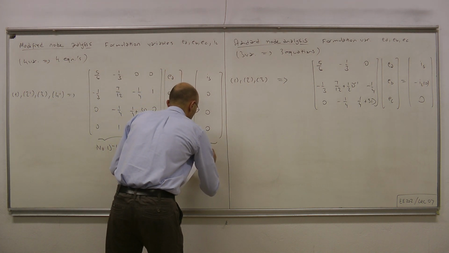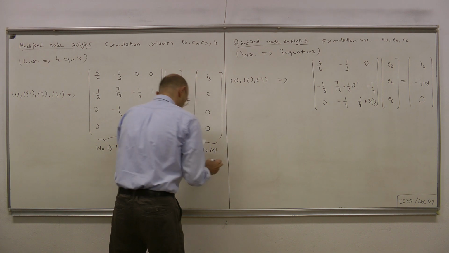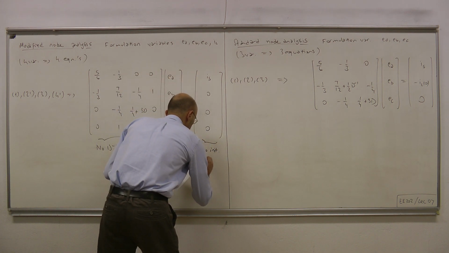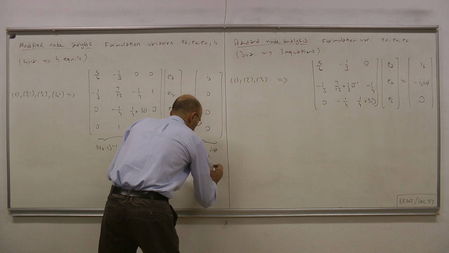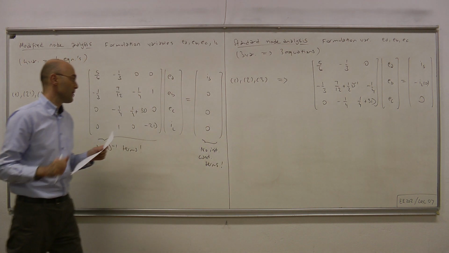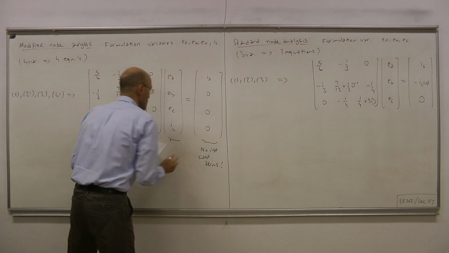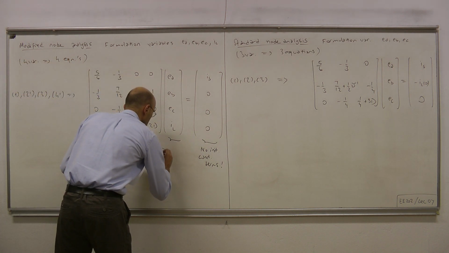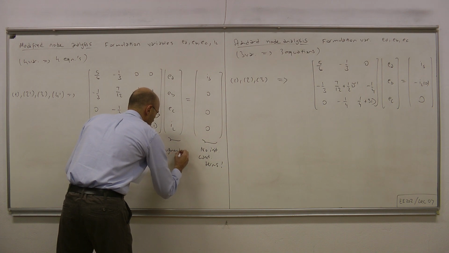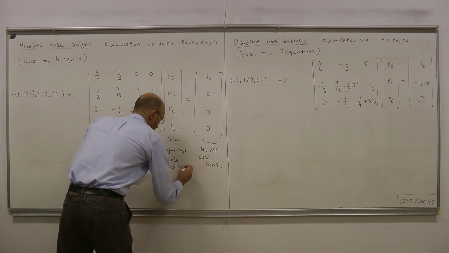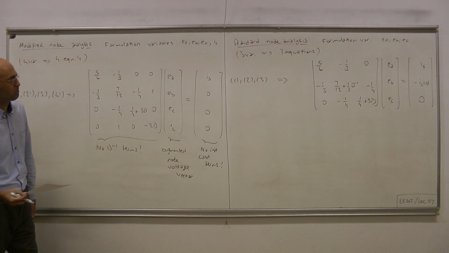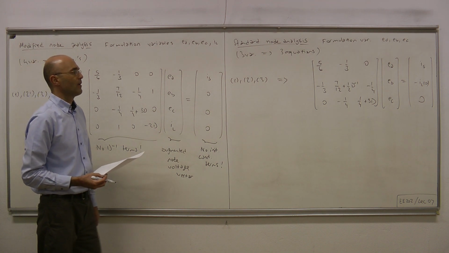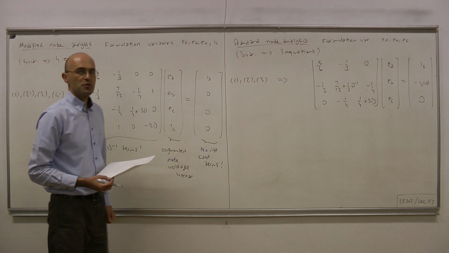Here, no initial condition terms appear. This new vector is called the augmented non-voltage vector. We'll talk about why we don't want the integral terms later.